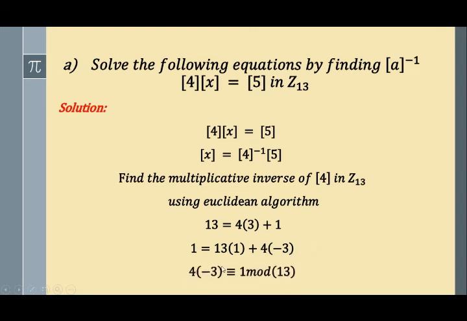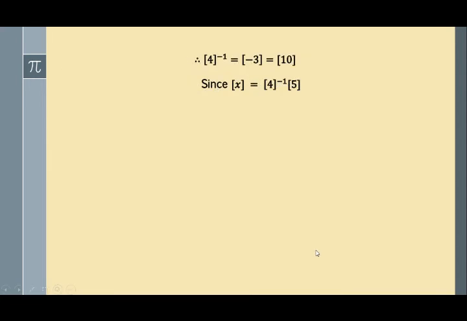Then in standard form, 4 times minus 3 is congruent to 1 modulo 13. With this, we can conclude that the inverse of the congruent class of 4 is equal to the congruent class of negative 3. Adding 13, since we can't have a negative congruent class, we have the congruent class of 10.